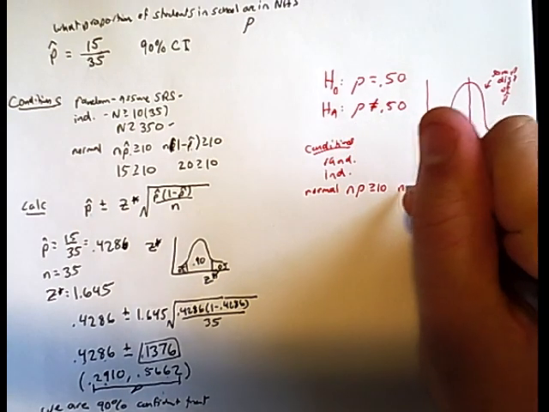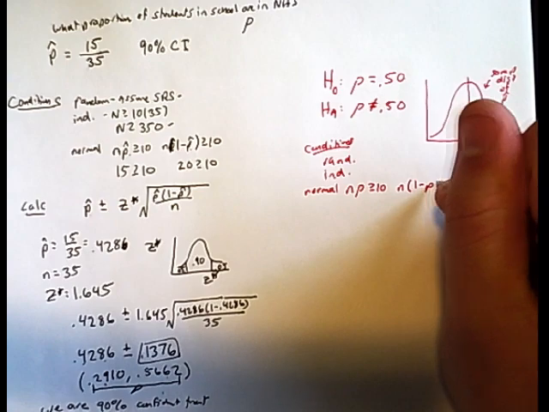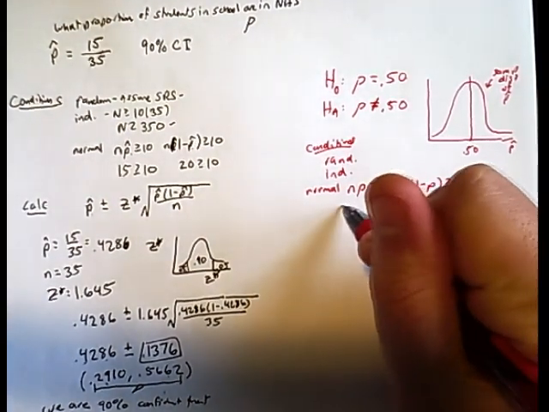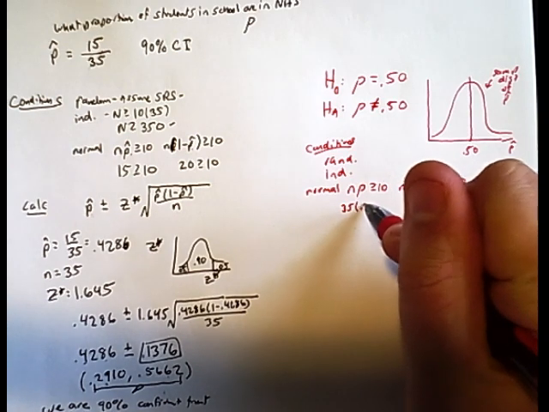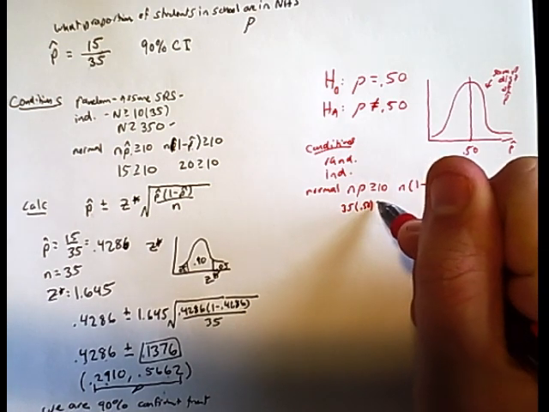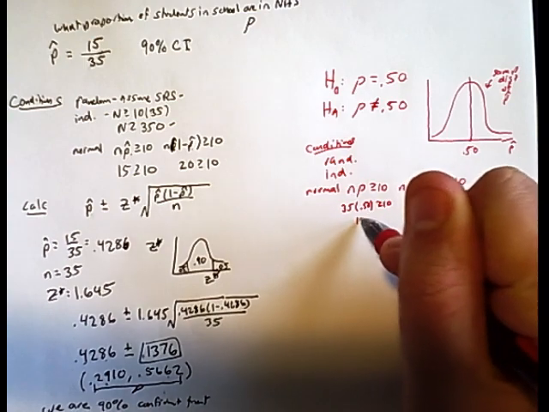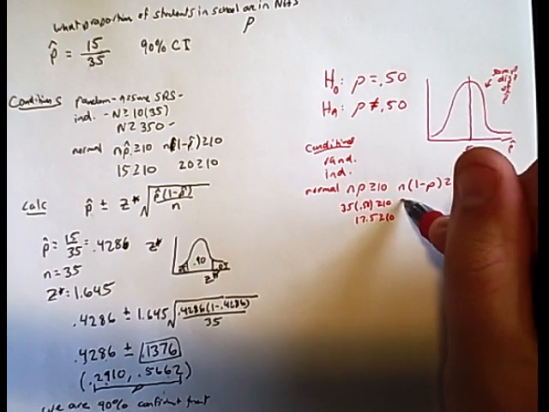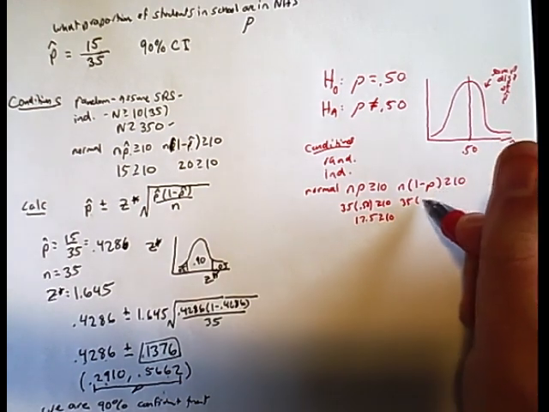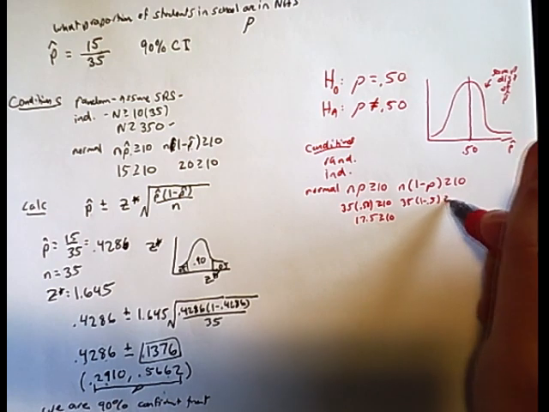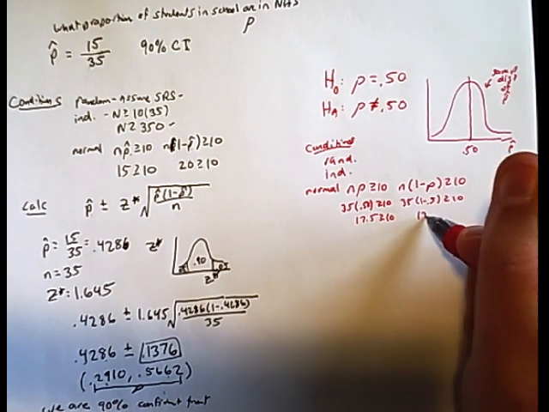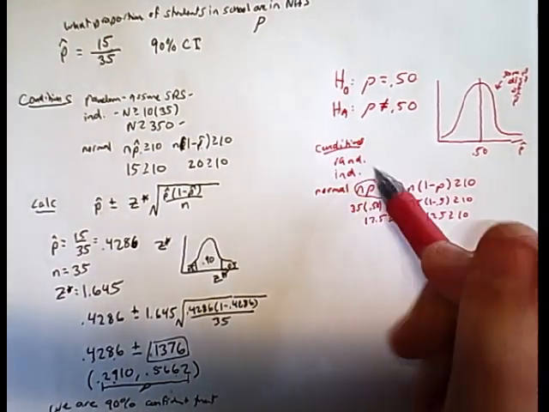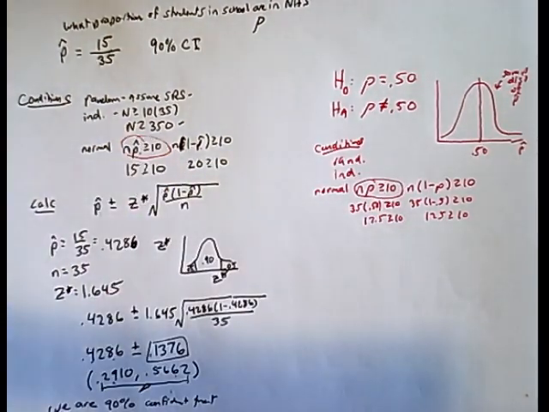That's what makes it a little bit different on the conditions. So here you would do 35 times 50%. Has to be greater than 10, which it is. I mean, it's 17 and a half. Half of 35 is 17 and a half. And 35 times 1 minus 0.5, well, 1 minus 0.5, it's just 0.5 again. So that condition is met too. I just want to give you the difference there. So a slight difference, just be aware of that.